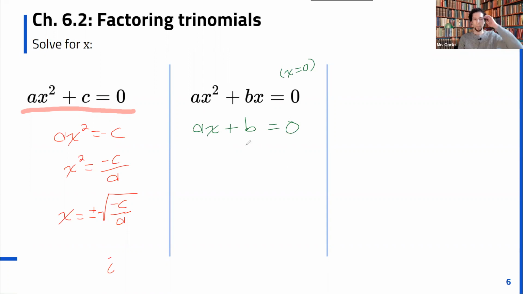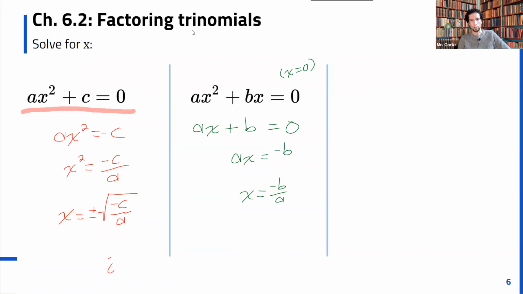So that works out. And then x equals negative b over a. So solved. Look how clever we are.